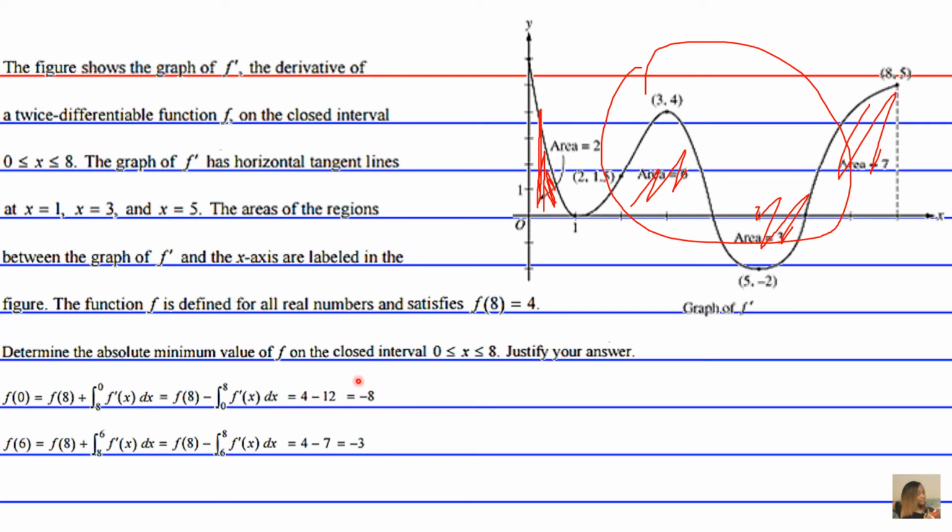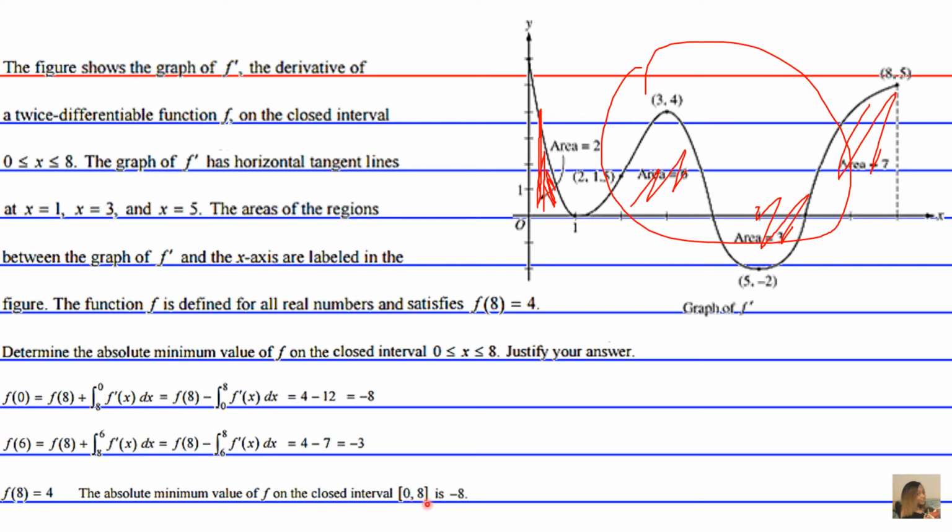And we don't know our actual f prime of x function, but we do know the areas under the curve, which is synonymous with integration. So we can go ahead and substitute. So when we substitute for f of 8, we have 4, and then we have to maintain our minus sign, minus 7, because that's the area between the x values 6 and 8.